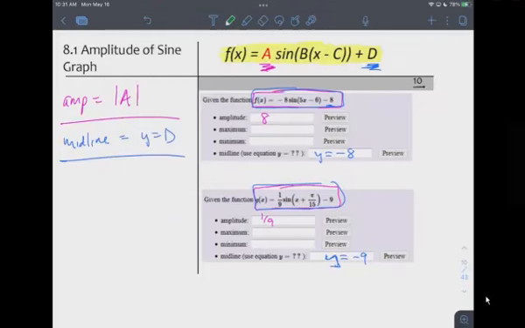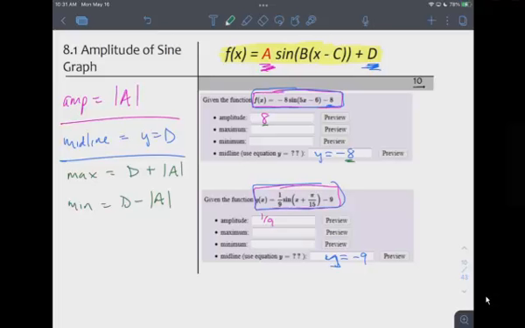The max and min are a combination of these. The maximum is going to be the midline plus your amplitude, and the minimum is going to be the midline minus that amplitude. So to find your maximum point, you take your midline plus 8.